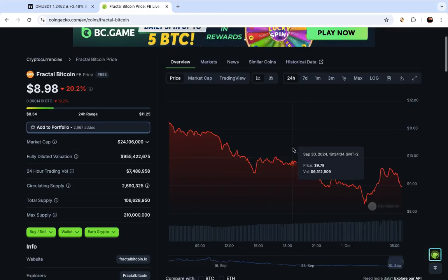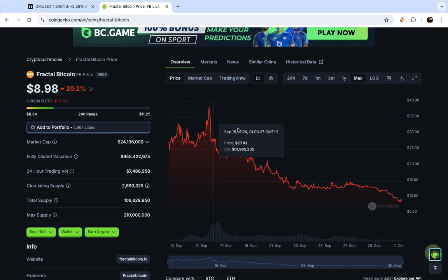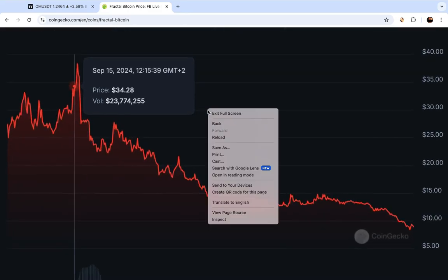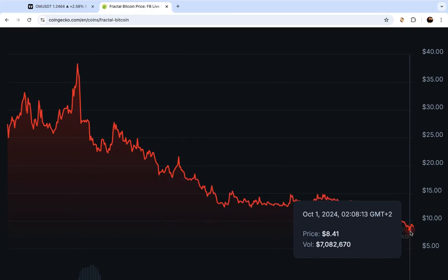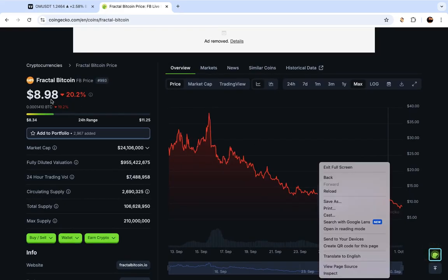And if you took a look at Fractal Bitcoin a few days ago, the price was around $38. But take a look at how much it has dumped in the past couple of days. On September 15th, let me even zoom in, the price of Fractal Bitcoin was $34. And less than 20 days later, it has dumped a whole lot, and right now it's trading at around $9, around $8.98.